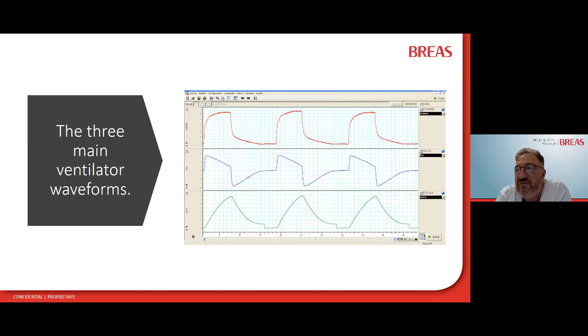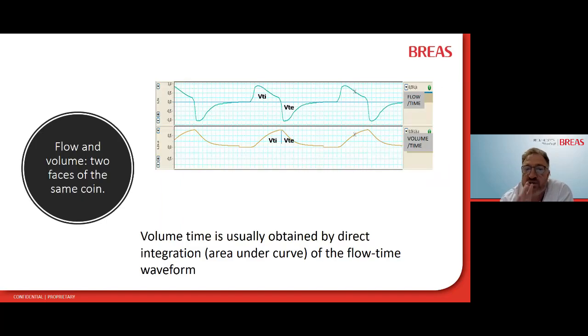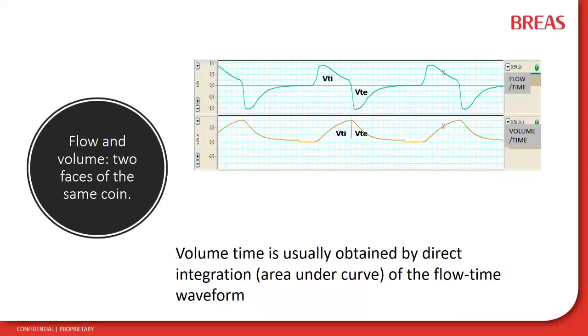One of the main difficulties experienced by, let's say, rookies is knowing where and how to start the analysis. We have 3 important waveforms, and what's the most important one? The first concept I would like to introduce is that flow and volume, in fact, contain the same information. In other words, they are two faces of the same coin. Why?